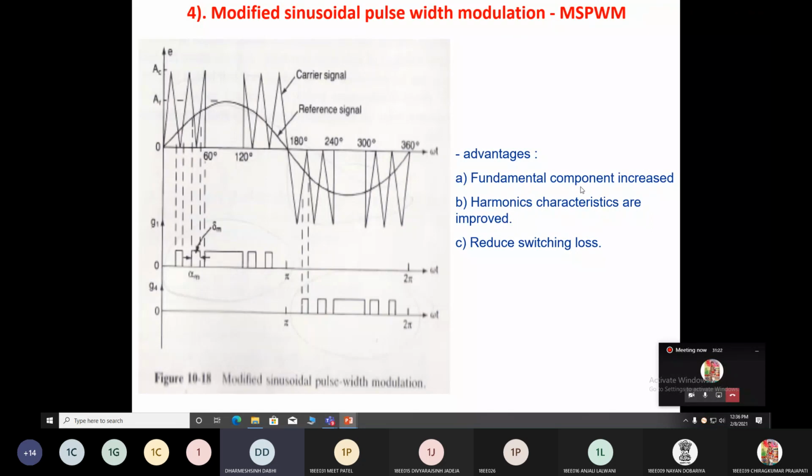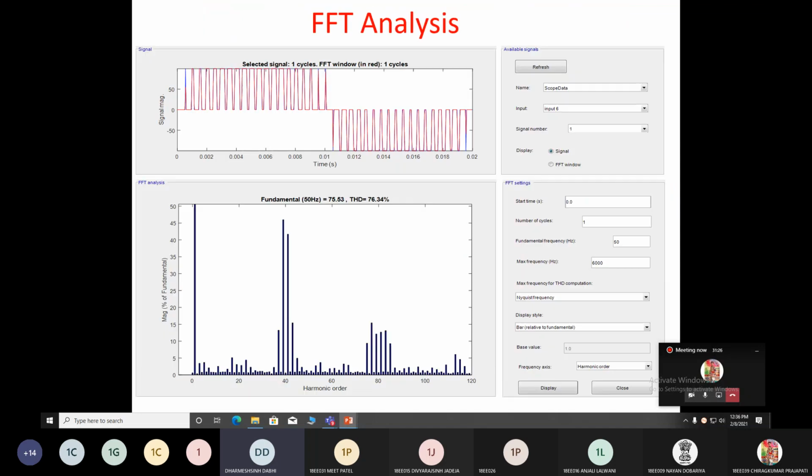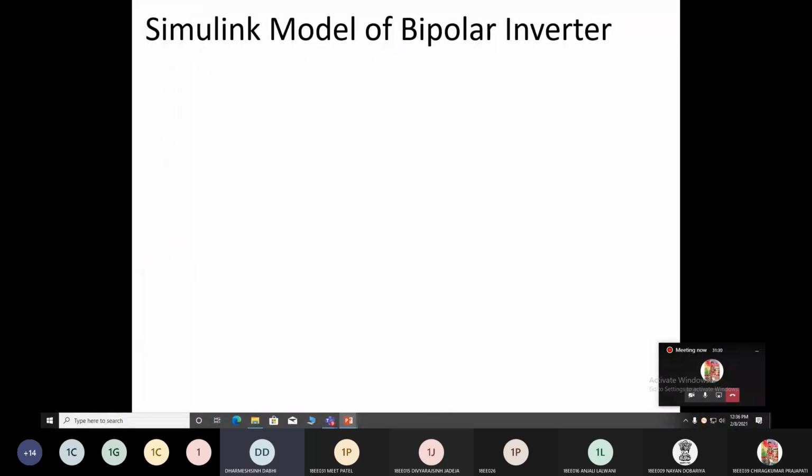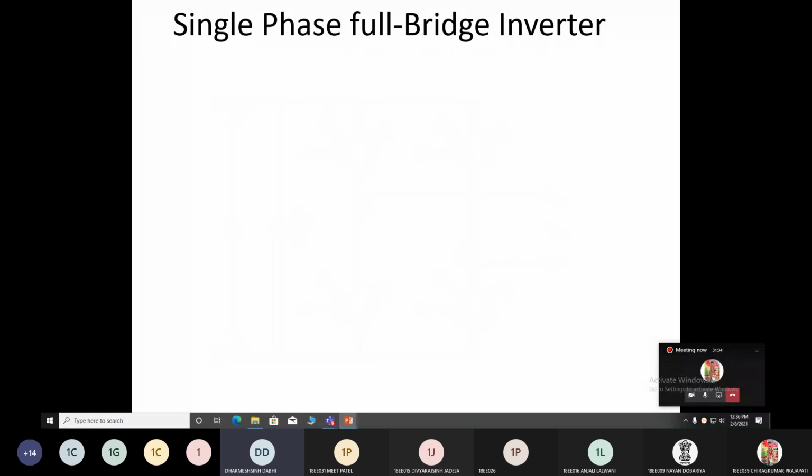When we compare the single pulse width modulation and multiple pulse width modulation techniques, we verify that the fundamental component value is higher in case of single pulse width modulation as compared to the multiple pulse width modulation technique. So let's see it again.